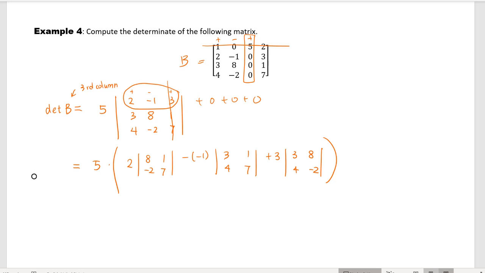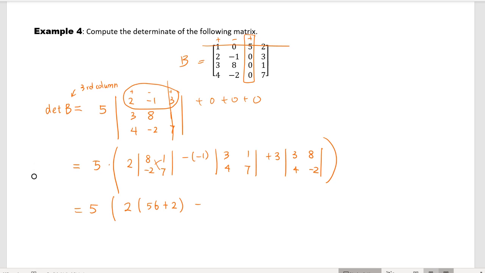Is that okay, everyone? A common mistake is students forget to put these parentheses. Don't forget these parentheses. Now let's see. Cross multiply but subtract. 8 times 7 is 56. Subtract negative 2 times 1 is negative 2, but because of the minus, it becomes plus.